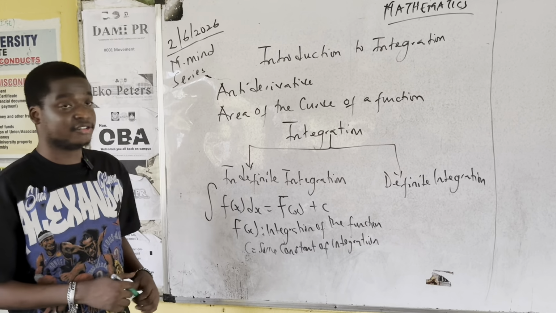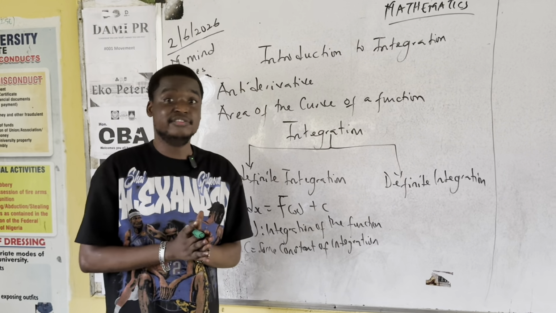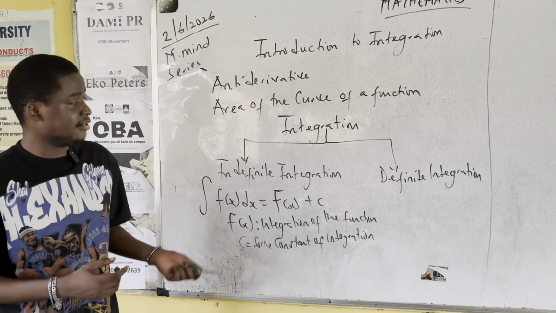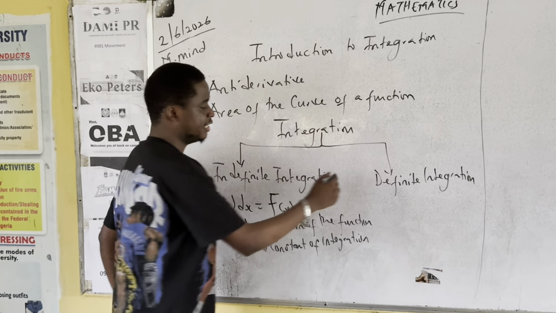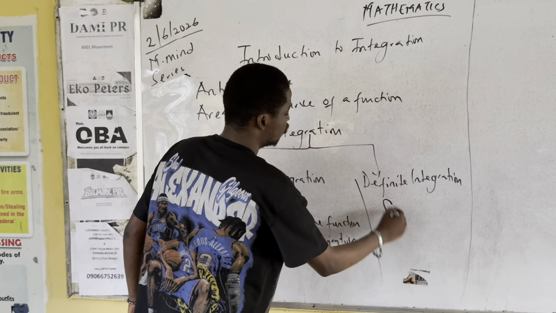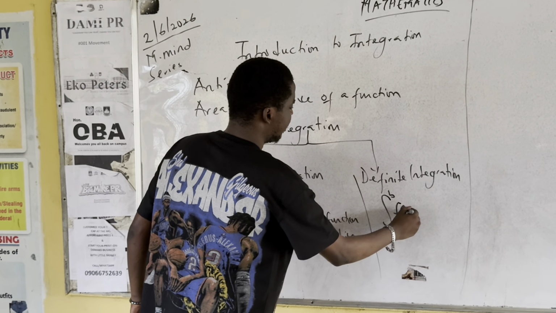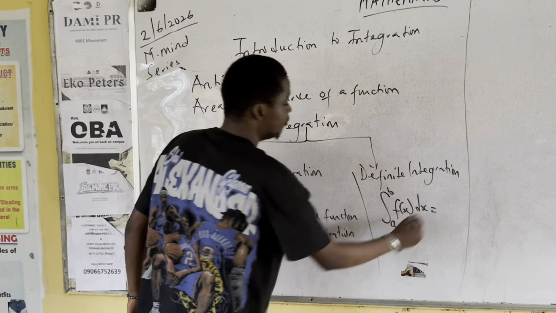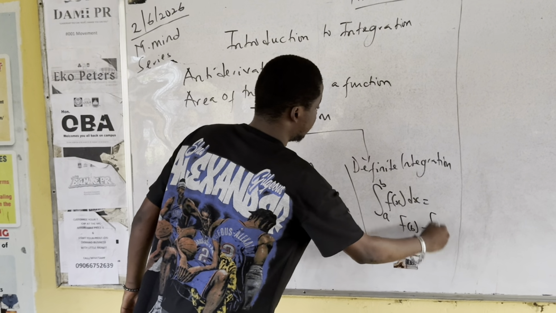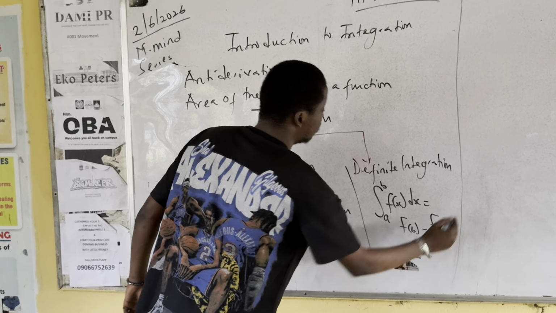Now, for definite integration, the answer you get will be a real number, with no x. Generally, the common way you can write it is the integral from a to b of f of x dx is equal to F of b minus F of a.